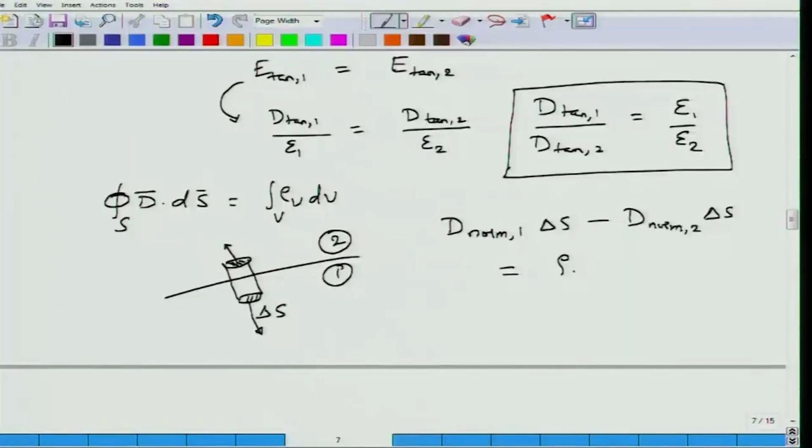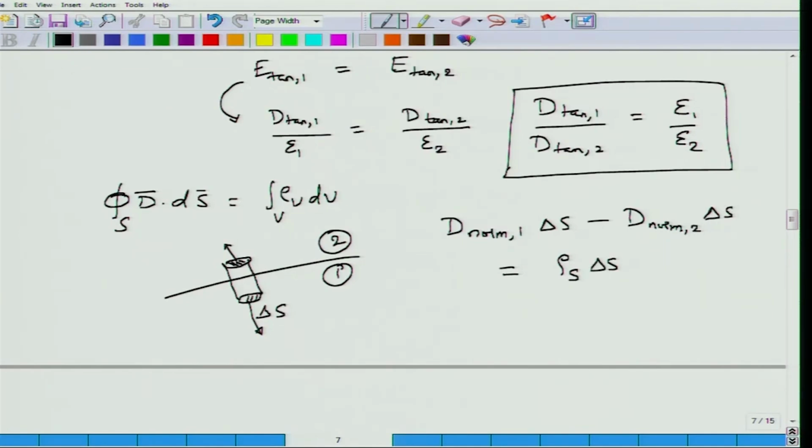Do not think that this would not happen; this will happen. Only when such a charge distribution is deliberately placed, which totally unbalances the charge balance equation, can the right hand side integral be written as rho s into delta S.